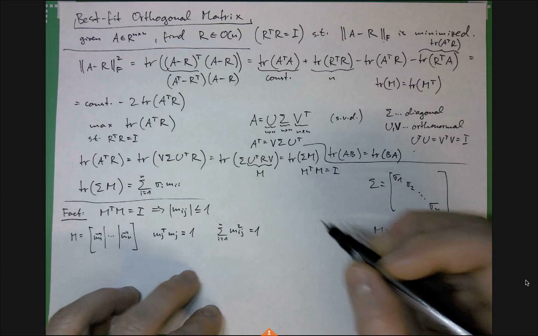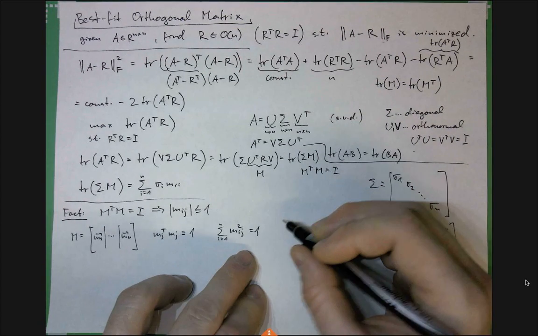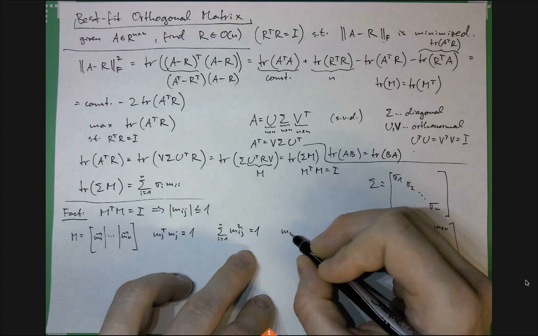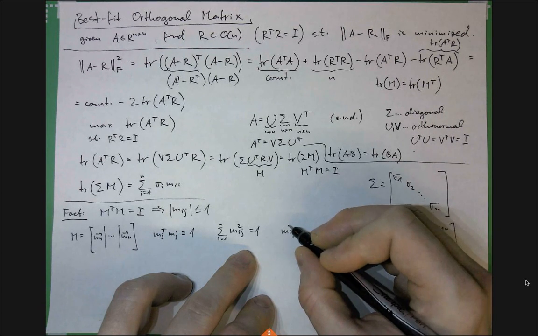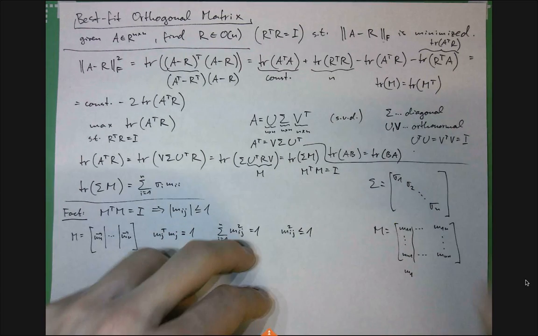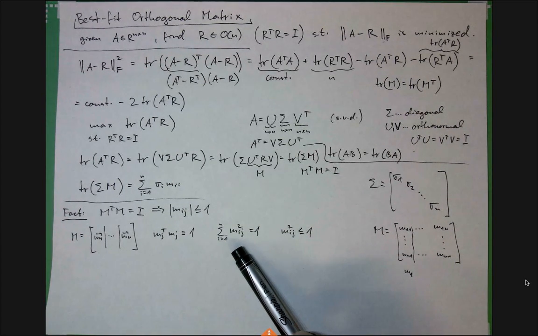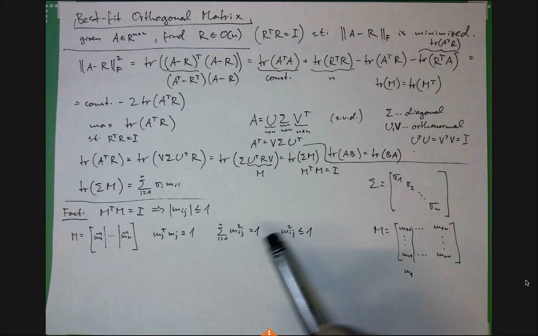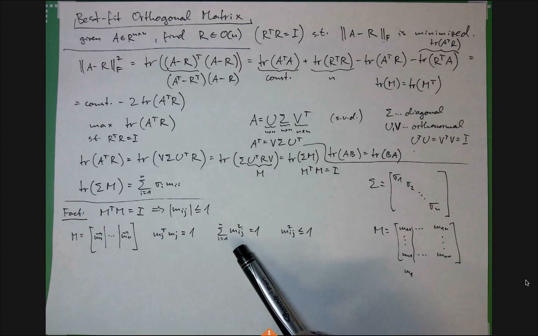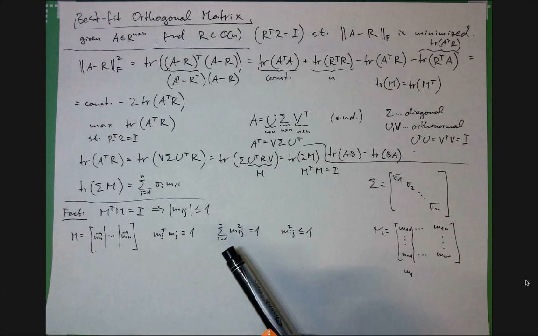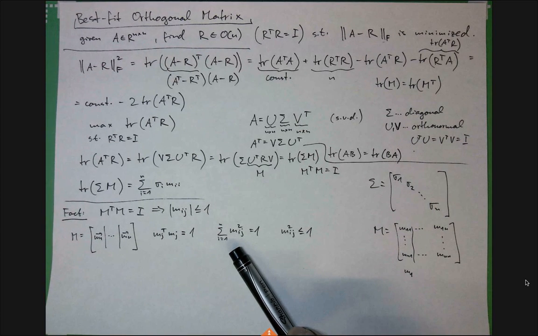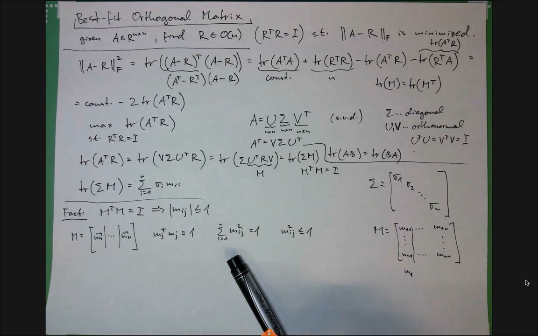So that means that clearly every single one of them squared must be less than or equal to 1. Because if one of them was greater than 1, then the others couldn't really fix it, because all these are non-negative, right? Because we don't have any complex numbers there. Those are real numbers, so the square of a real number is non-negative.